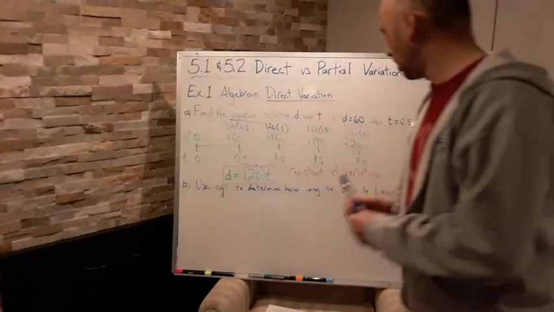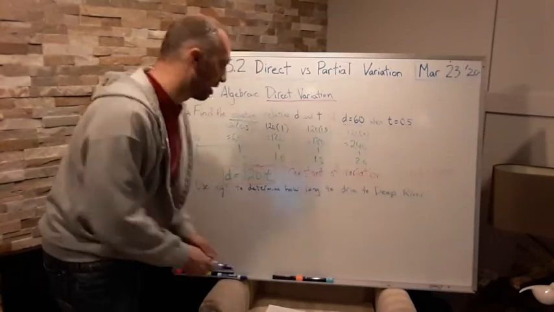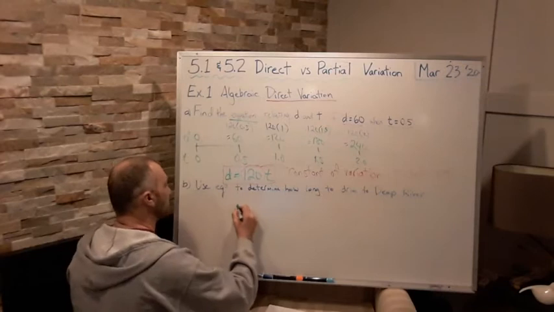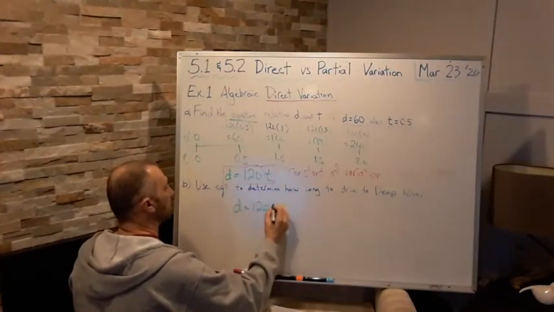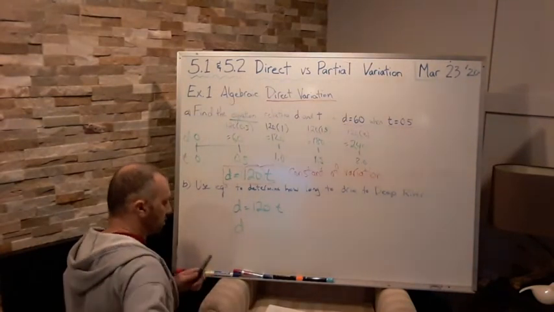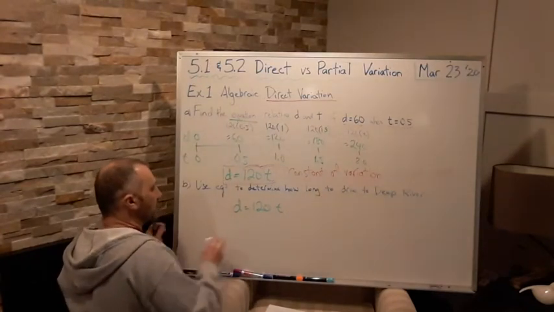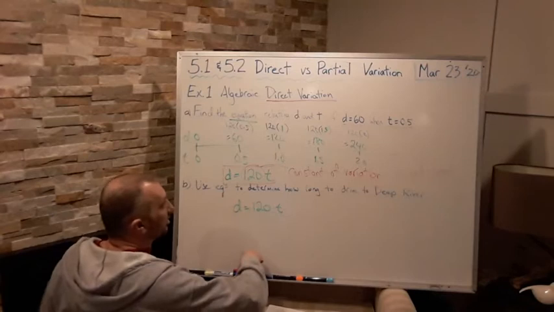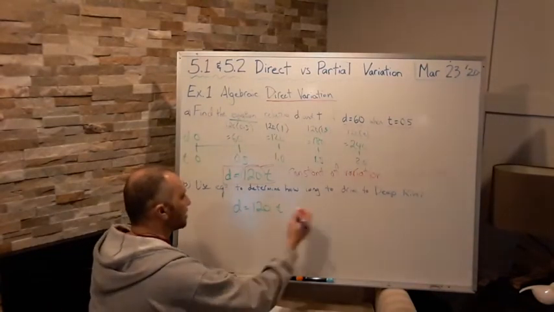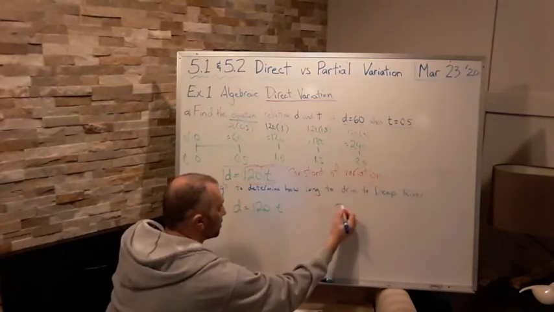Okay. Part B says to use the equation to determine how long it'll take to drive to Deep River, Ontario. Well, we've got the equation, so we're going to use it. So here we go. d is equal to 120 t, but in this case, we want to make a substitution. Instead of writing d equals 120 t, we have to ask ourselves what gets substituted, and I would say the distance to Deep River is 500 kilometers.